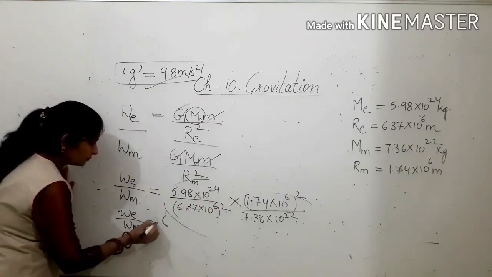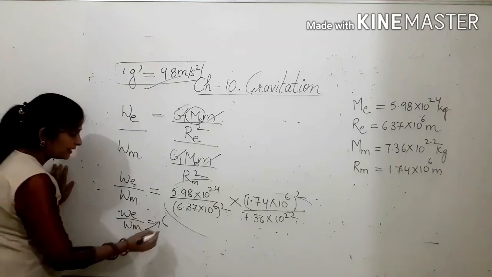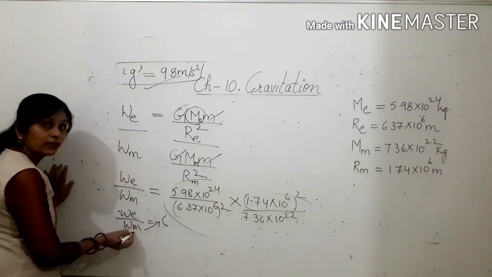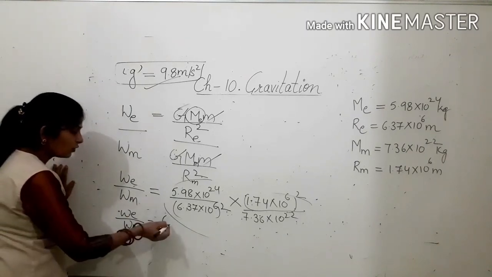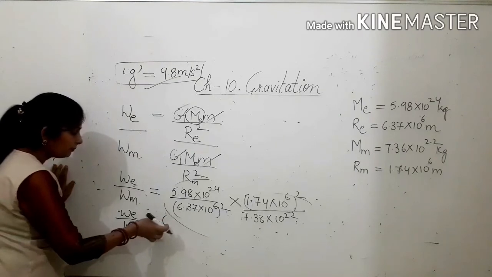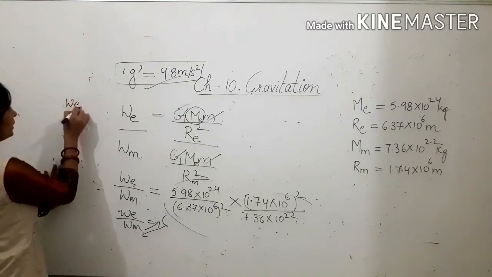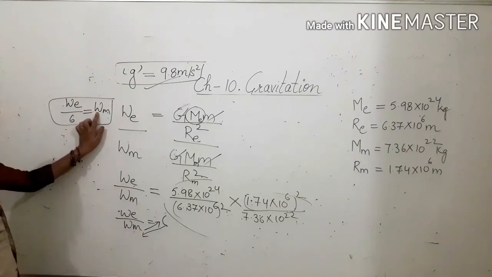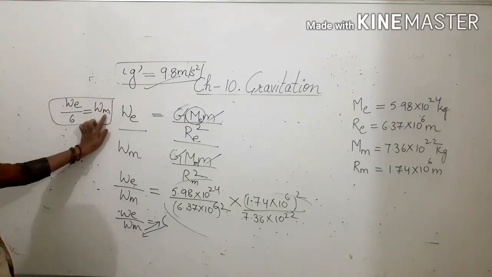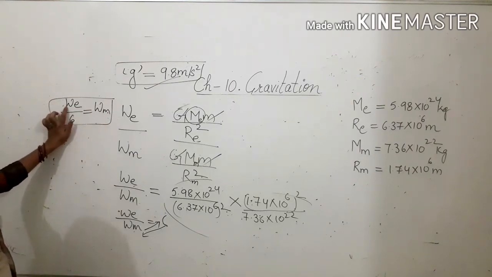Now transfer Wm from left side to right side. Here it is in the denominator, here it will come in the numerator, and transfer 6 from right to left side, so it will come in the denominator from the numerator. Now we have We upon 6 is equal to Wm, means the weight of the object on the surface of moon is 1/6 of the weight of the object on the surface of earth.